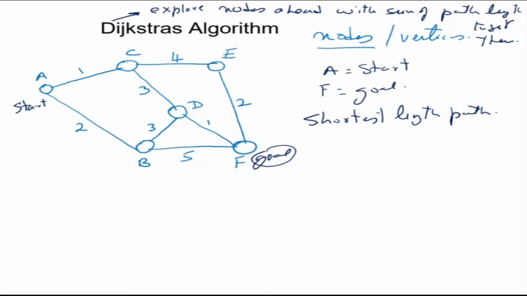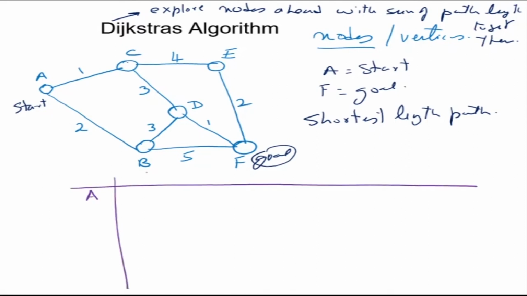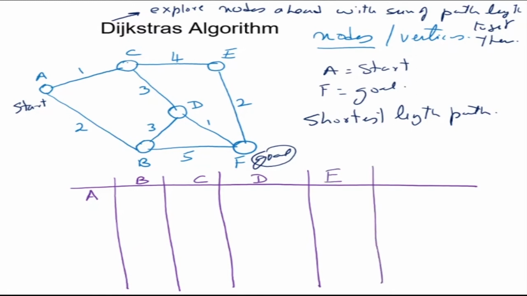Now what we do is we start off by making this table, and as I explained before, we have to write a program which will do this. So I start off with A. This is my A, then there is B, C, D, E, and F. The start point is A, so I'm starting from A. Now from A to B, what is the path length?